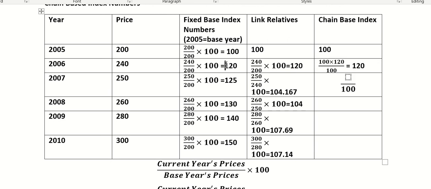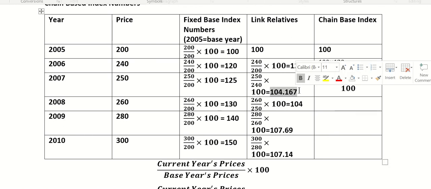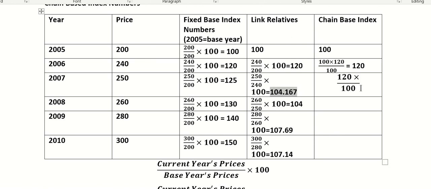So this 120 into this 104.167, so the answer is 125.